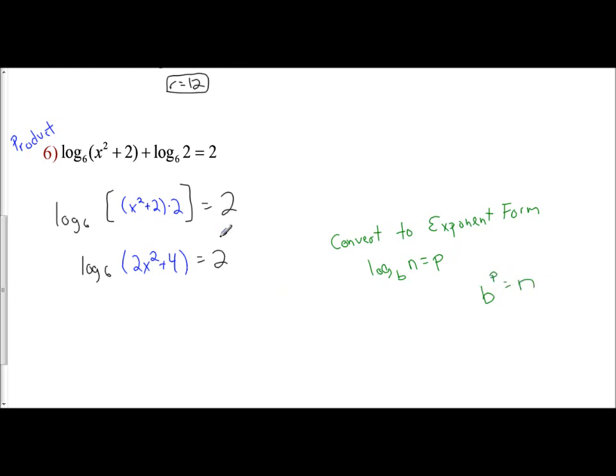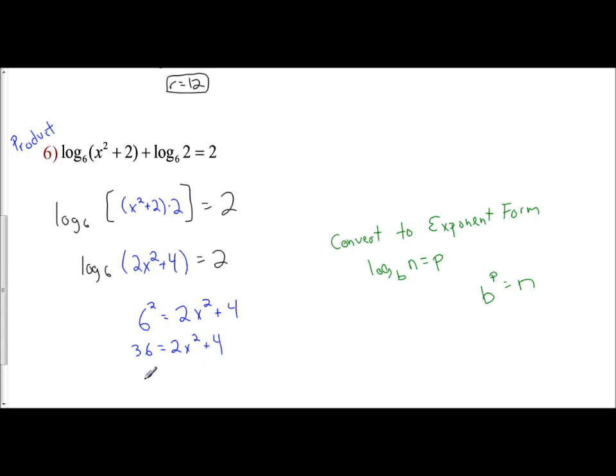So really what I have is 6 squared equals my value, 2x squared plus 4. So 6 squared is 36, so 36 equals 2x squared plus 4. Yes, I see a quadratic, however, I don't see a linear term. I just see an x squared by itself, so I know that means I can solve by getting the x squared by itself and then square rooting both sides.